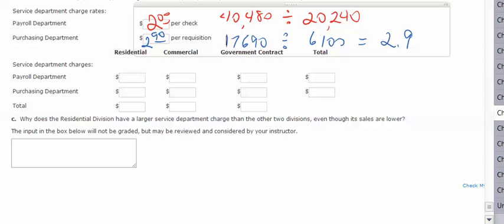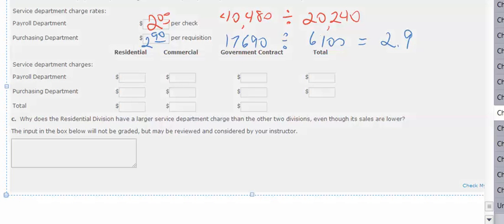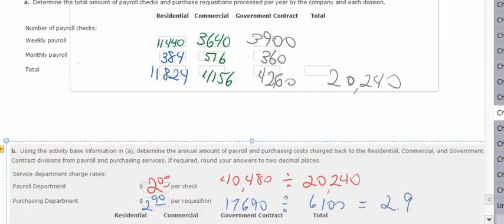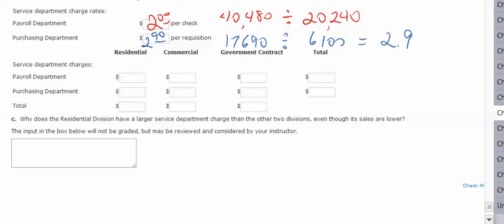With that known, we can now make our service department allocations. We'll take $2 per paycheck for the payroll department. So our total payroll checks for the residential, 11,824 times $2 is 23,648.